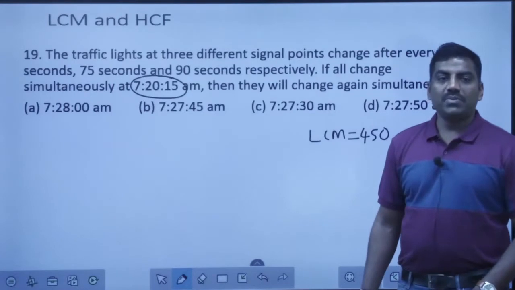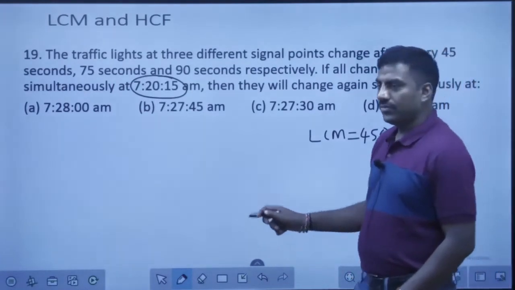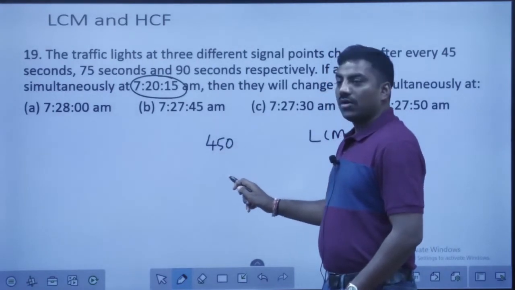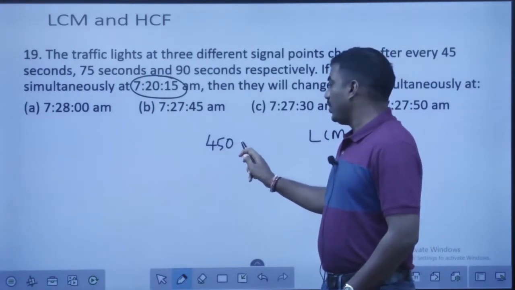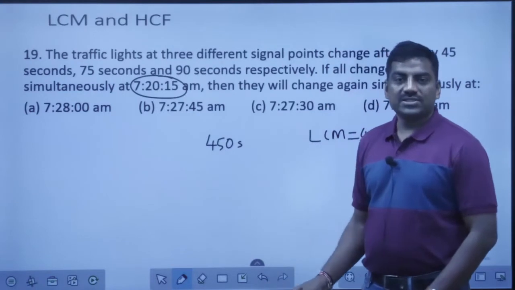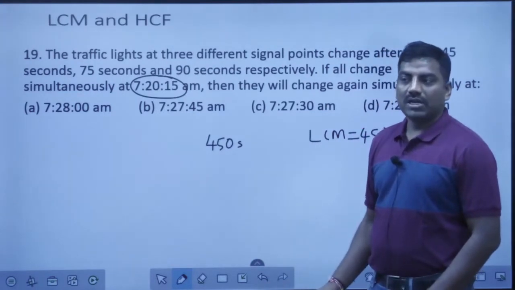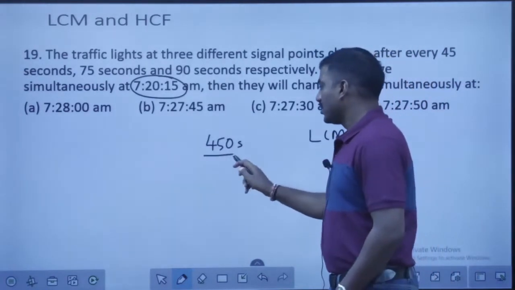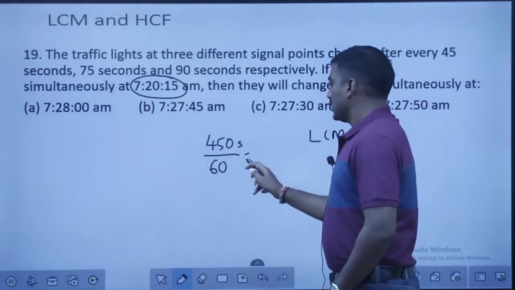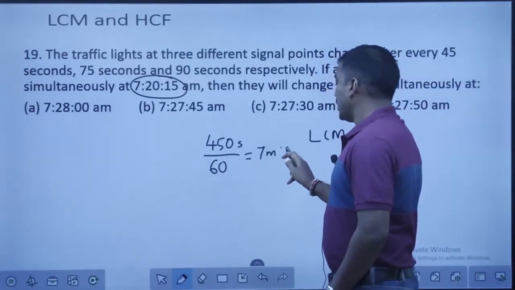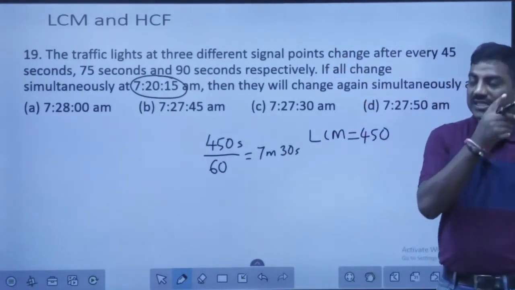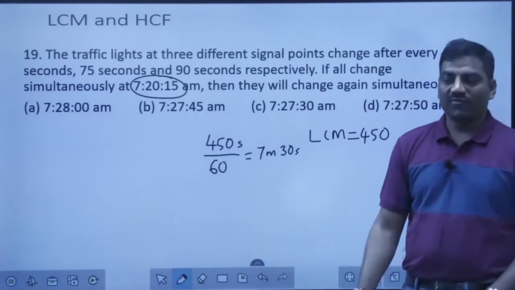So for how many minutes do we have to wait? How to convert? 450 seconds into minutes. I will not tell this. Divide by 60. 7 minutes and that means 7.5 minutes. 450 seconds is 7.5 minutes.